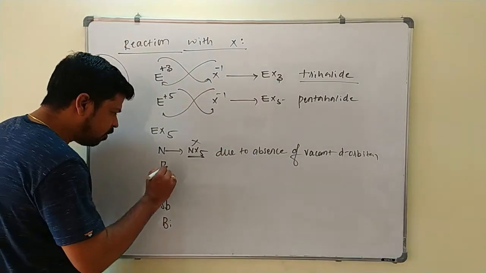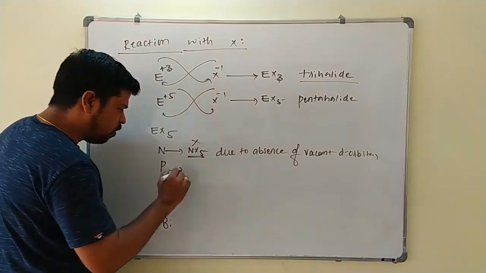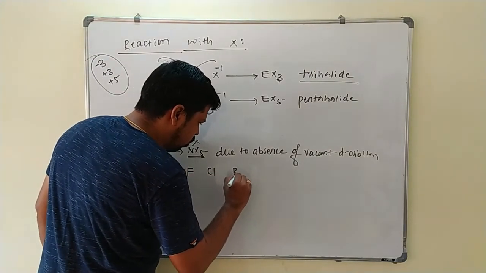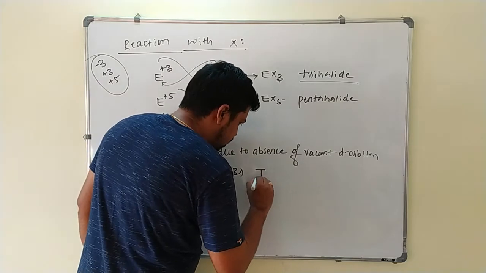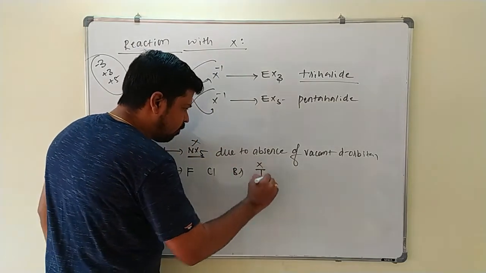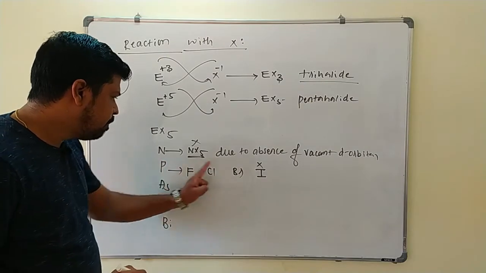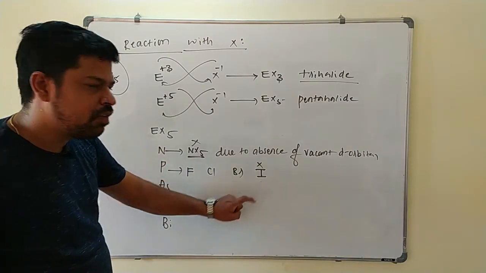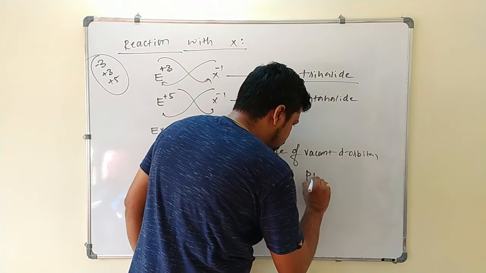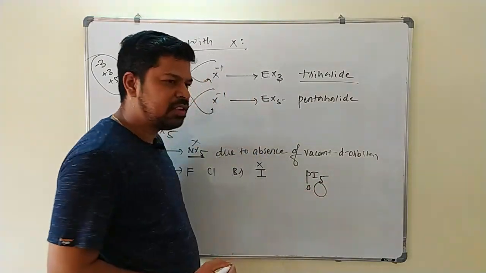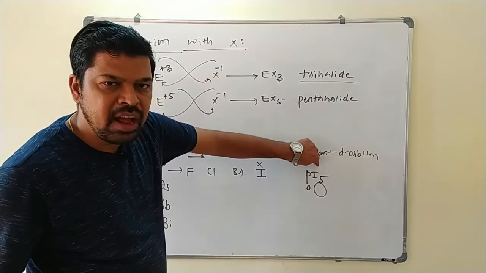Next, phosphorus will form pentahalides with fluorine, chlorine and bromine, but not with iodine. So PF5, PCl5 and PBr5 are possible, but PI5 is not possible. PI5 is not stable because of the large difference in the size of phosphorus and iodine.